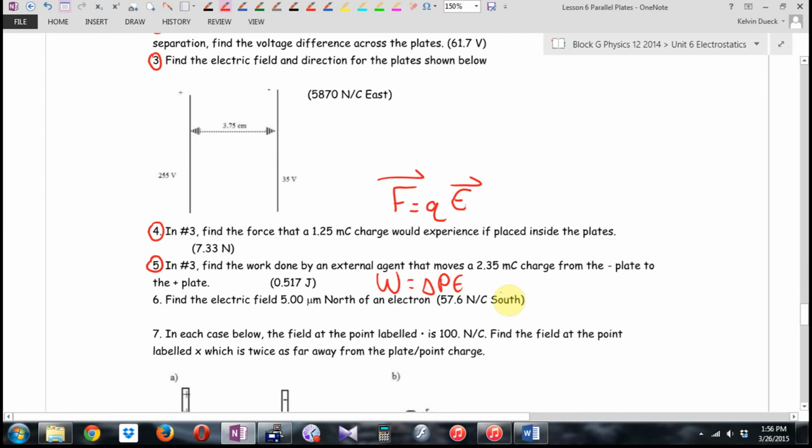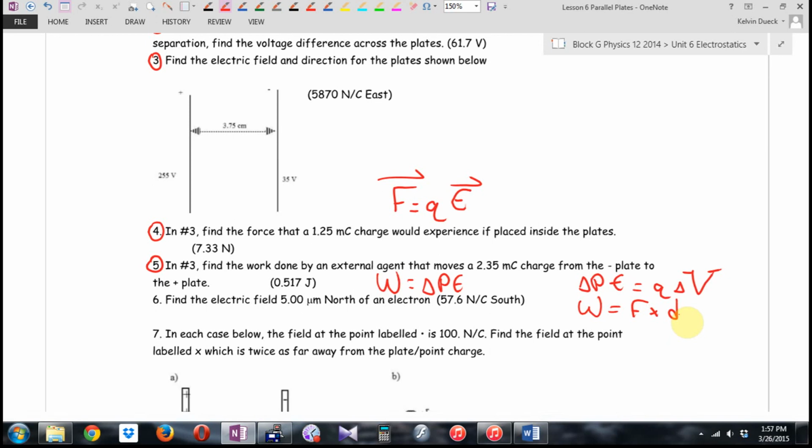I think I can just use, or because the force is constant, you could also go work equals force times distance, where the force is QE. It'll work. So a little nicer.